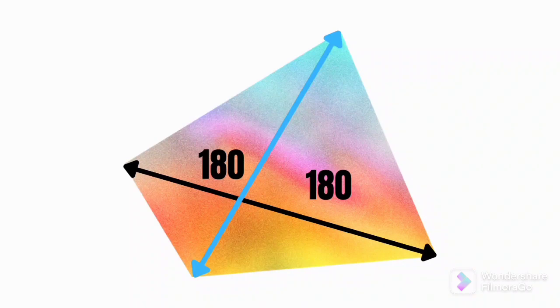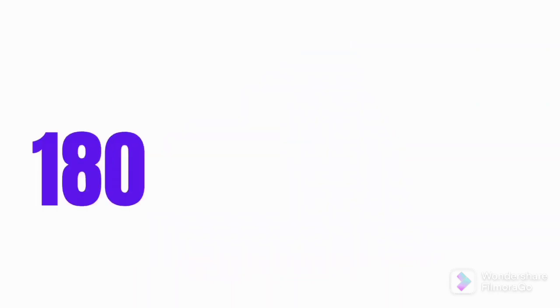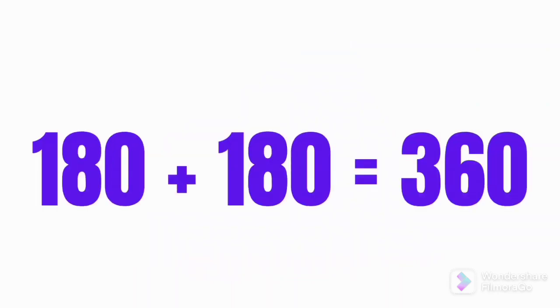Since a quadrilateral has two pairs of opposite angles, therefore 180 degrees plus 180 degrees is equal to 360 degrees. Hence, C, 360 degrees, is the correct answer.